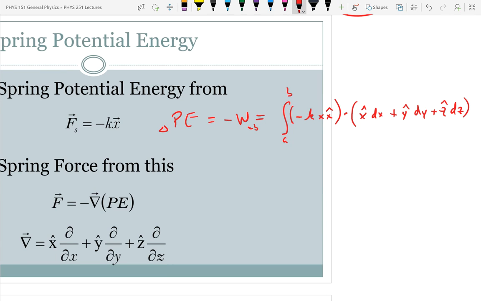What does the dot product mean? Parallel parts. So we have x hat is parallel to x hat, but it's perpendicular to y hat and z hat. We even had a question on the test, that we have to have mutually perpendicular directions for our coordinates. So if we do this, we have the force is only in the x direction. So when I do the dot product, what am I going to get?